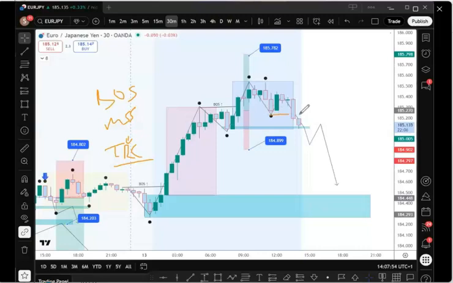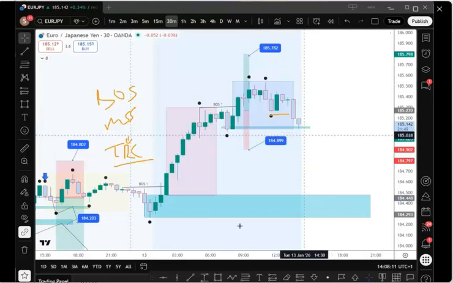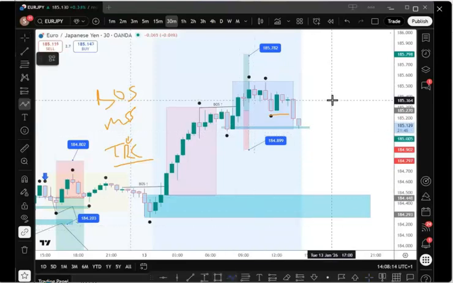Okay. So let's see how this candle closes. If it closes very bearish, then there might be some momentum to at least push it down a bit. But if not, I'll just wait for it as well. So we'll just do the same thing as we did for the other pair, Pound Yen.